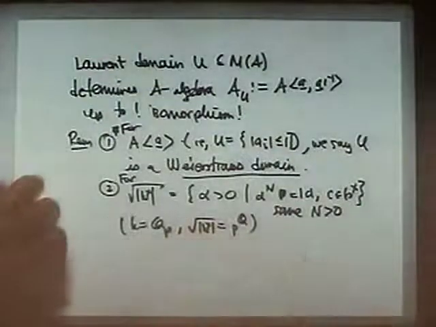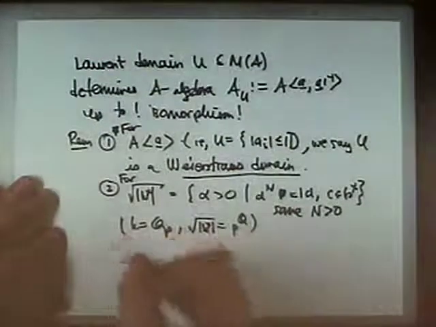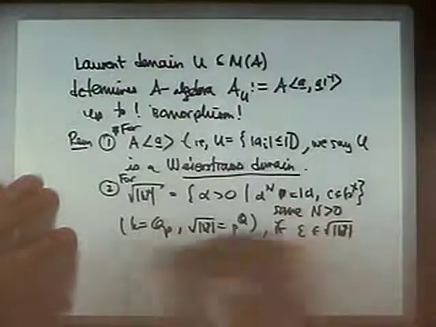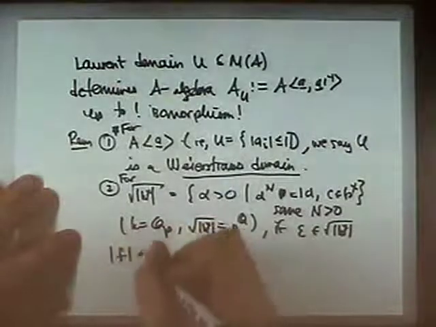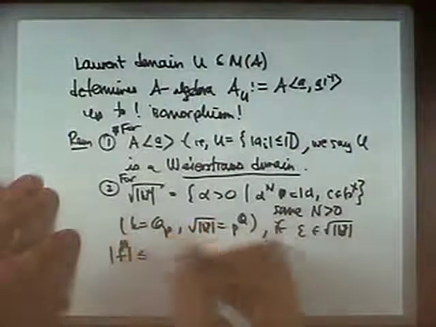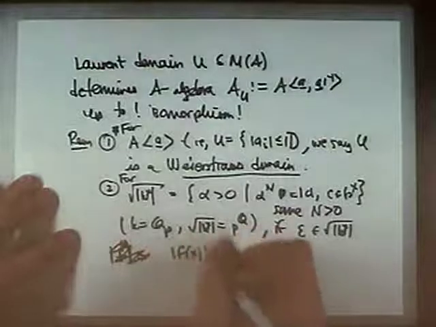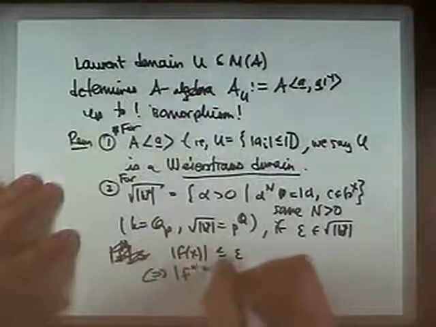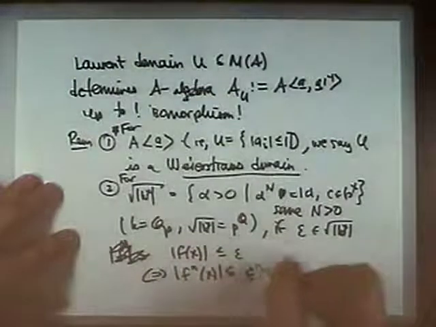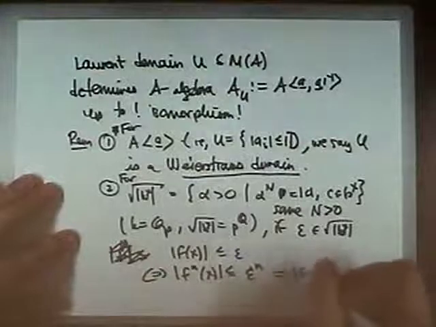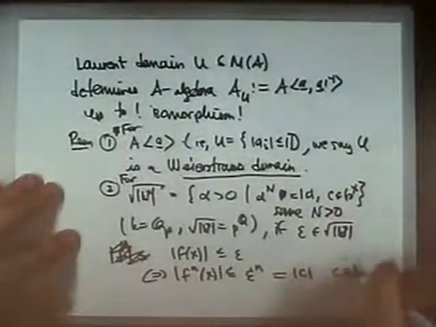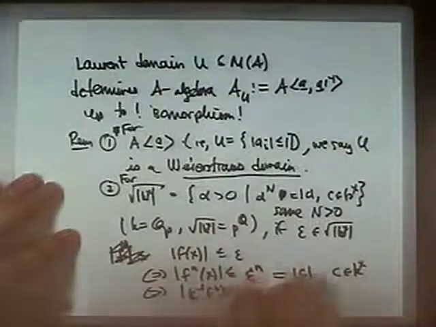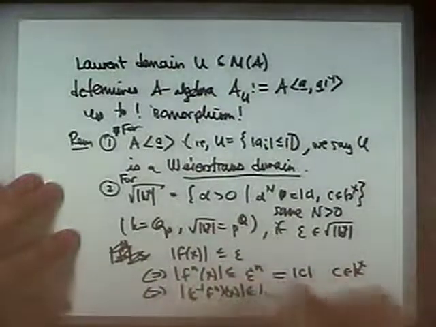Anyway, if I consider this sort of divisible value group, notice that if I give you any epsilon in here, and I consider the condition |f(x)| ≤ epsilon, this is equivalent to the condition |f^n(x)| ≤ epsilon^n. So if we choose n so that epsilon^n is the absolute value of something c in the field, then this is equivalent to the condition that |c^{-1} f^n(x)| ≤ 1.